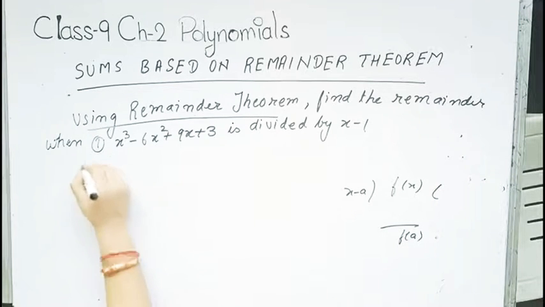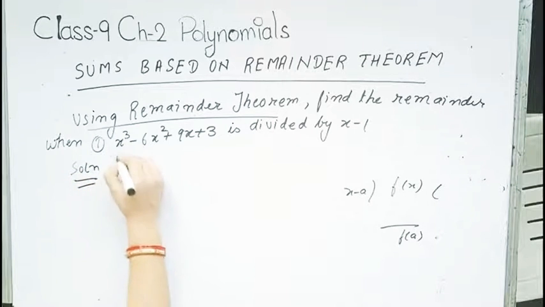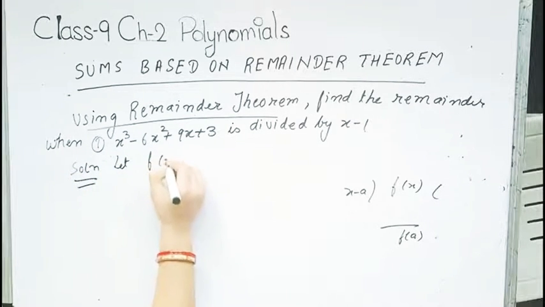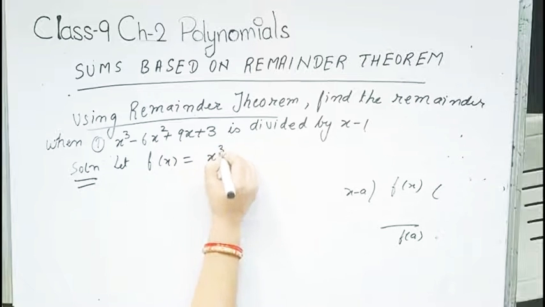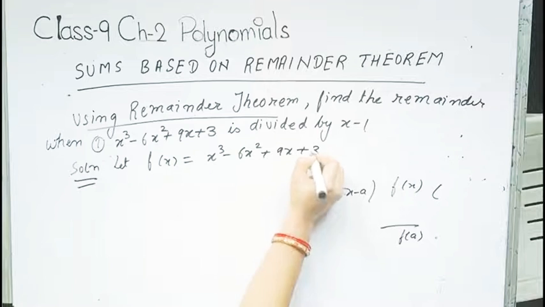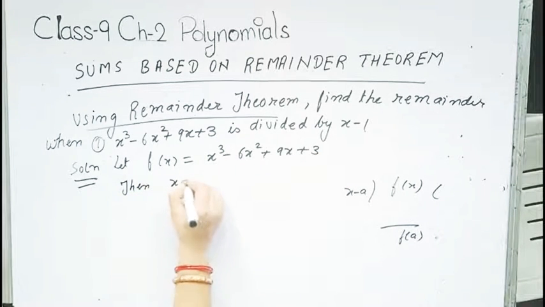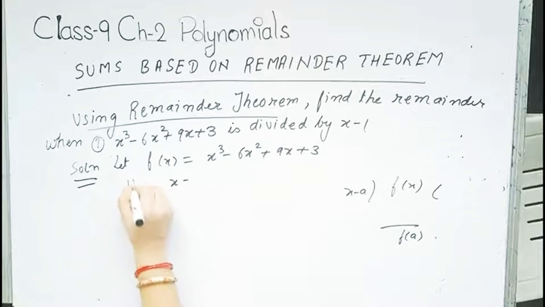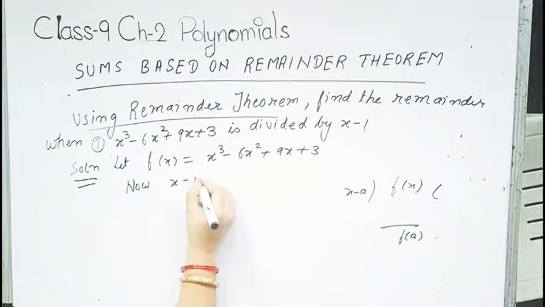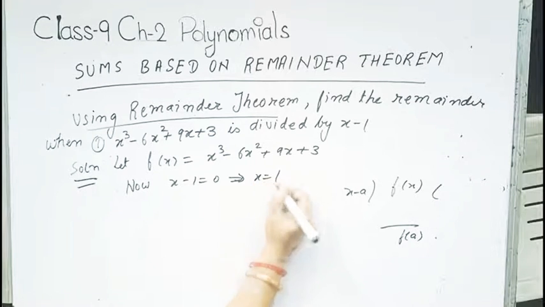So, let us start the solution by first giving a name to the given polynomial. Let f(x) equals x cube minus 6x square plus 9x plus 3. Right now x minus 1 equals 0 implies x equals 1.